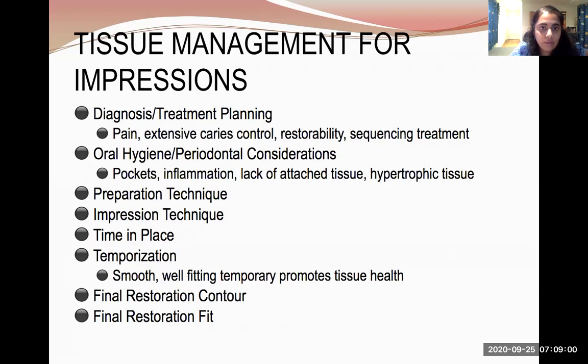We have to make sure that the gums are healthy. If the gums are healthy, we'll do a simple cleaning. But if there are pockets which are 5 millimeters or more, then we have to do the scaling and root planing, and we have to wait for the gums to heal from the scaling and root planing, and then we can start the crown procedure.